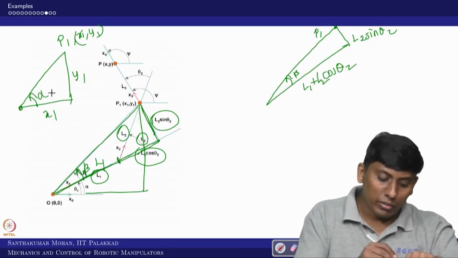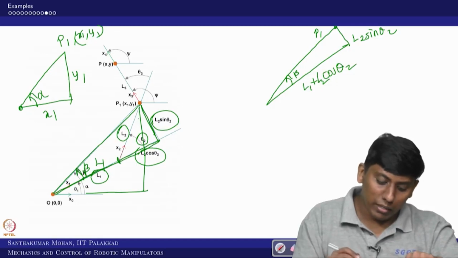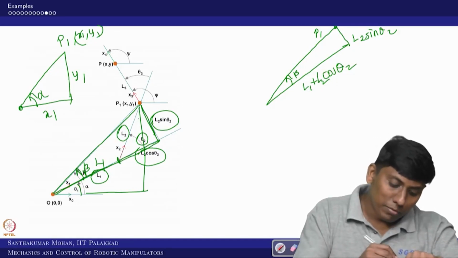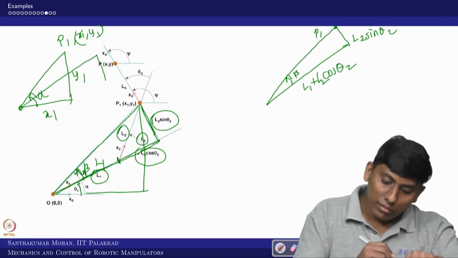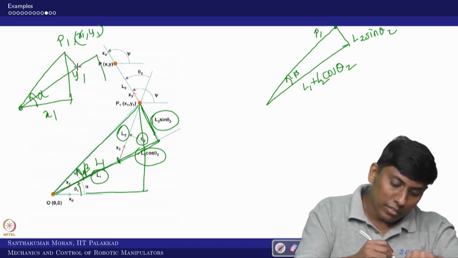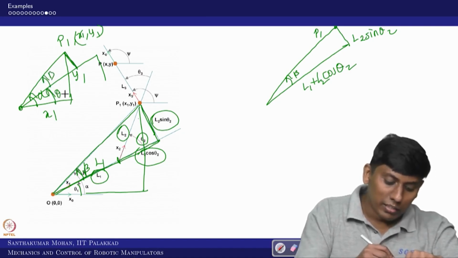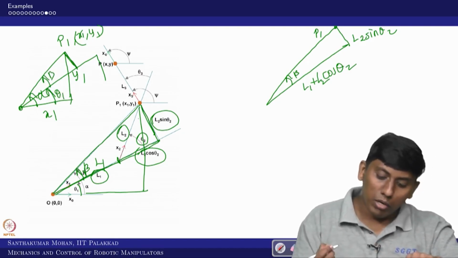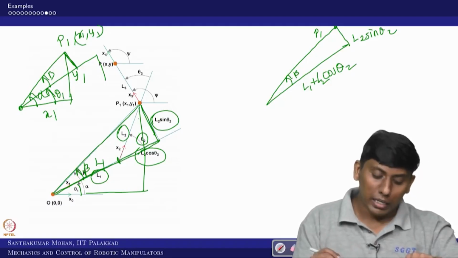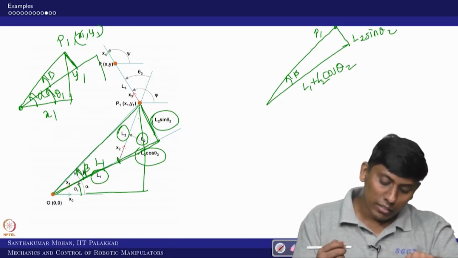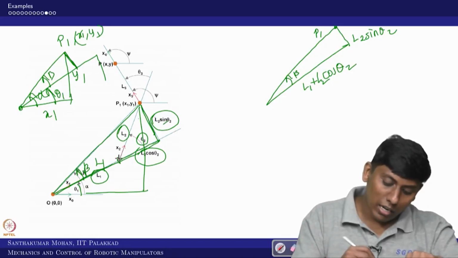Now you can superimpose these triangles. What you can see is that theta 1 appears, and this angle is beta. So we can use the relation which we have. This is all already known.